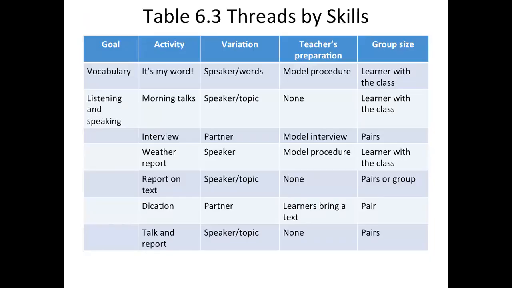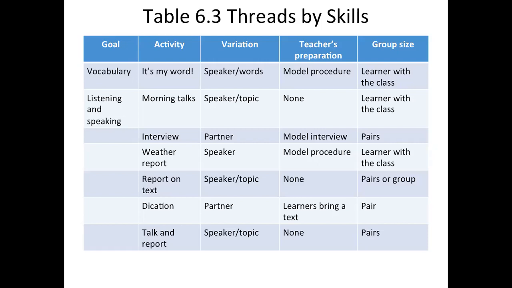Now let's see how we develop the strategy for delivery of the content. For example, if your goal is the vocabulary development of the learners, then you may have different kinds of activities. One of them for vocabulary is "Is my word," and then the variation is speaker and words.